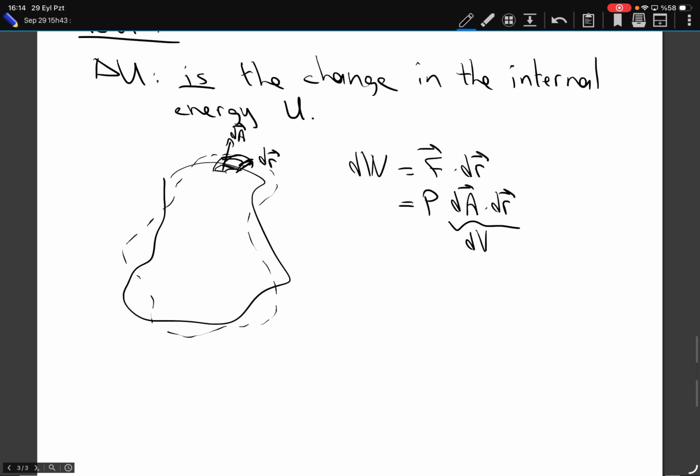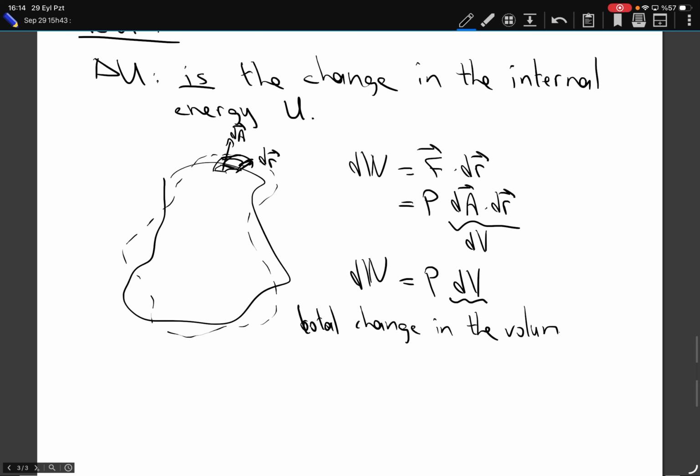So this is the work done due to the displacement of a very small area element. If you sum all the area elements, then this will be P times dV, where dV is the total change in the volume during this very small expansion. So the work done by the system will be P times dV.